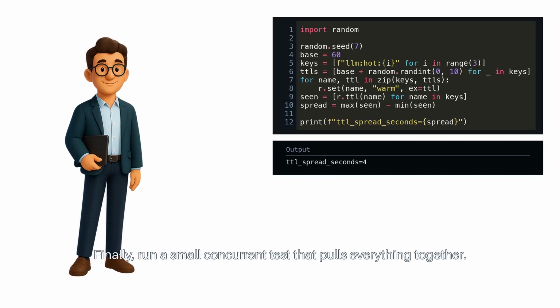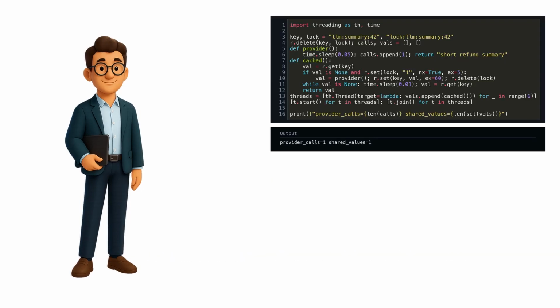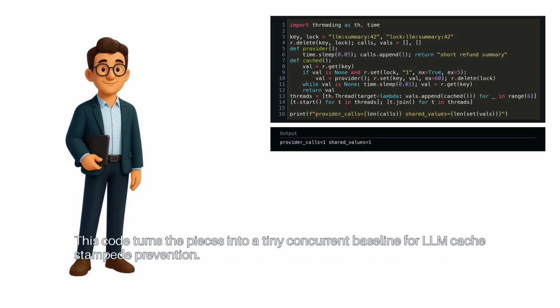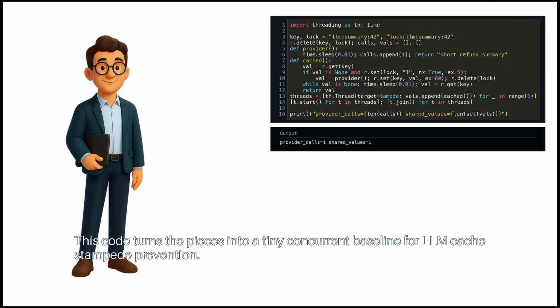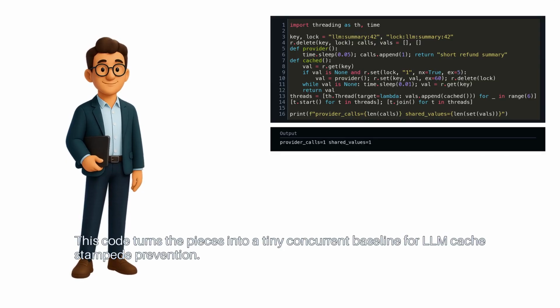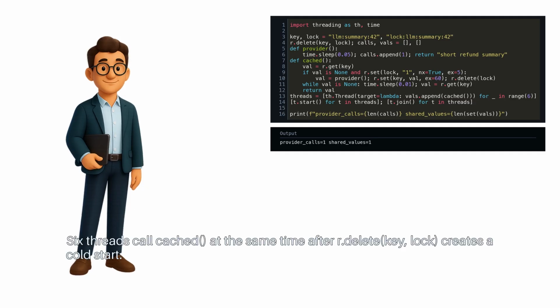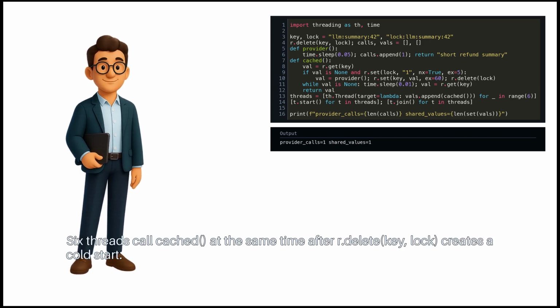Finally, run a small concurrent test that pulls everything together. This code turns the pieces into a tiny concurrent baseline for LLM cache stampede prevention. 6 threads call cached at the same time after r.delete key and lock creates a cold start.